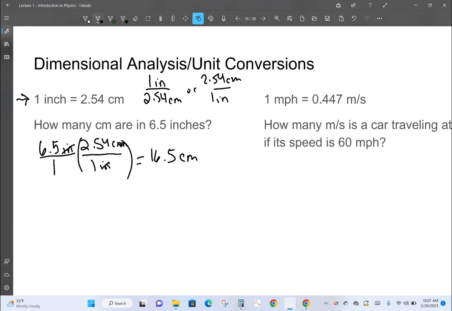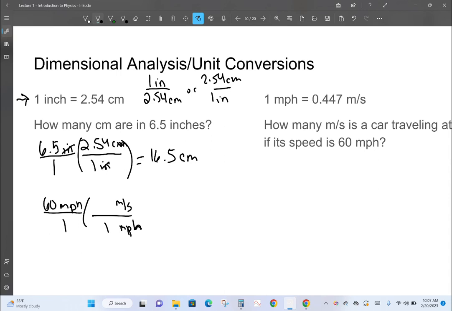Likewise, I could do this with more complicated units. I could take miles per hour, look up the conversion, and turn it into meters per second. So if I have 60 miles per hour, I want to pick the right ratio to convert to meters per second. I want whatever the number is beside meters per second up top, and I want miles per hour on the bottom.